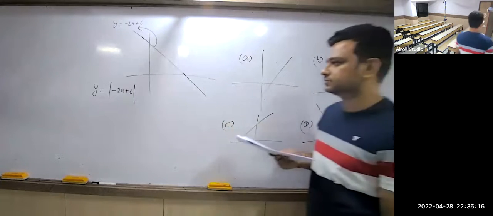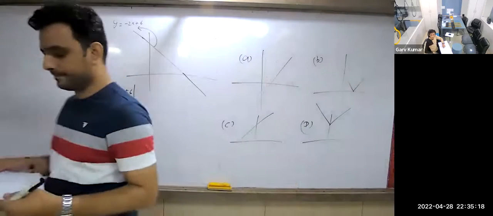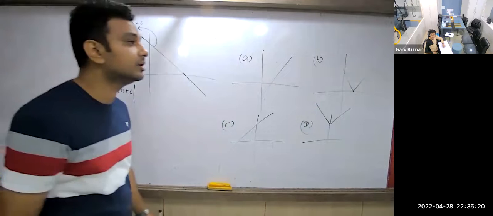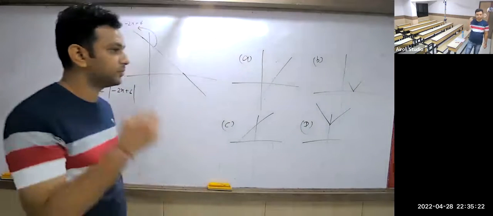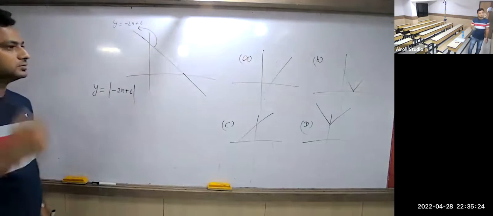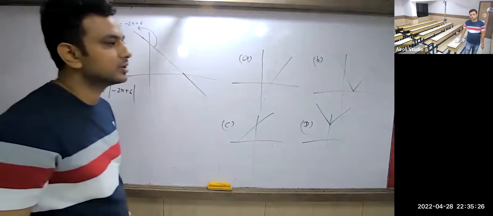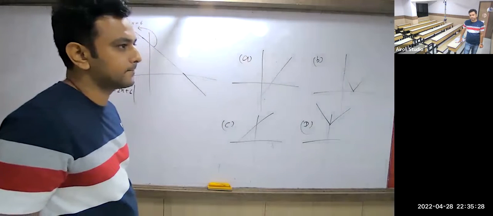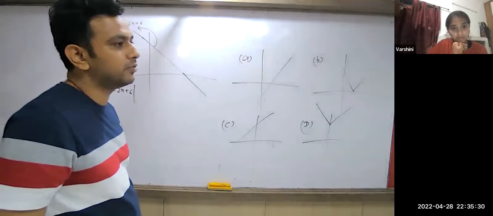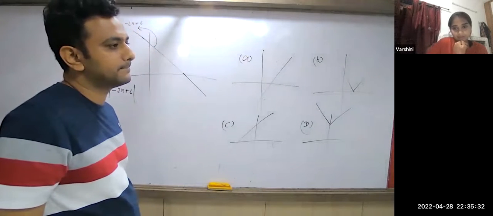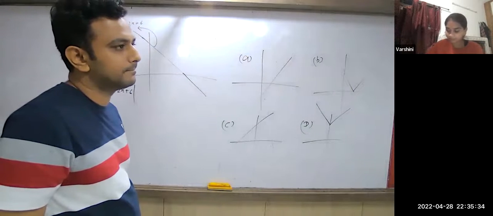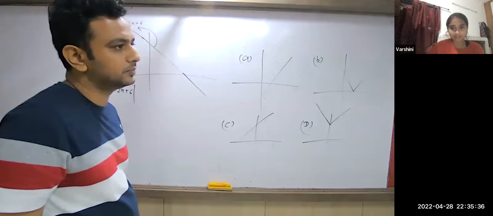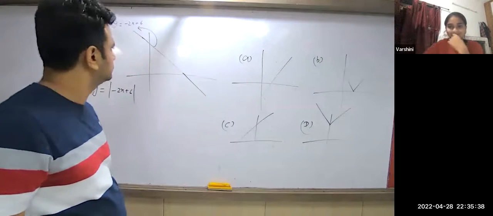Tell me the answer. Sir, is it option B? Option B. Okay, you want to guess? Why option B? What I thought was, since the slope of the line is -2... No, sir, it's wrong.